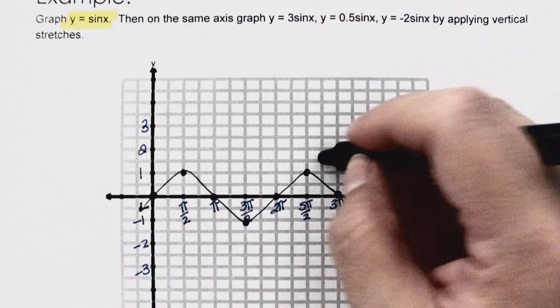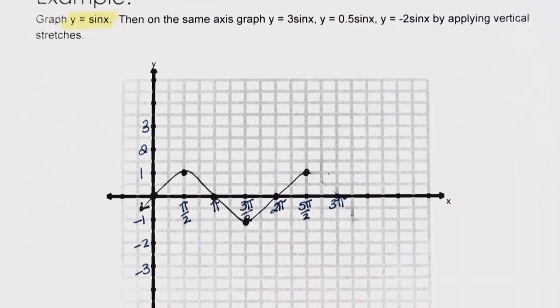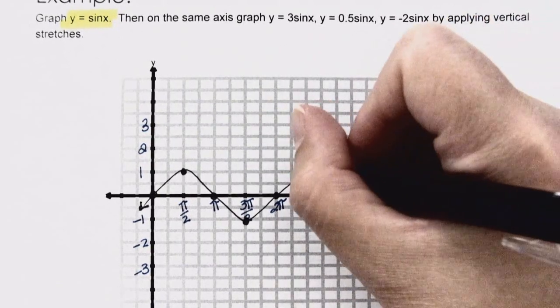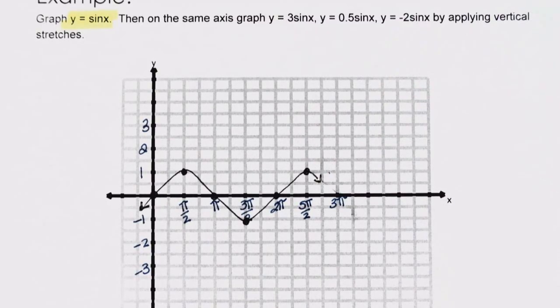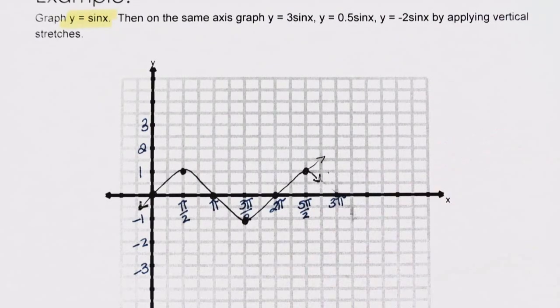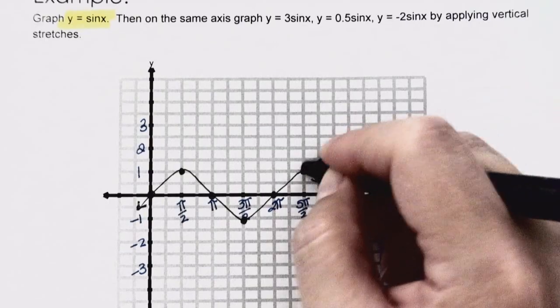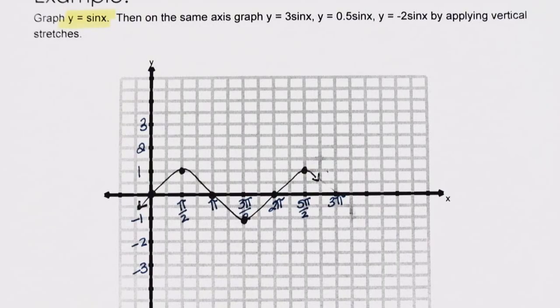So if I stopped my graph here and was going to put my arrow on it, my arrow has to point down. It has to point in the direction it's going. If you say my arrow's continuing that way, you are now outside your domain, out of your range. So that's bad. Your arrow has to follow the path in which your data is going to travel.